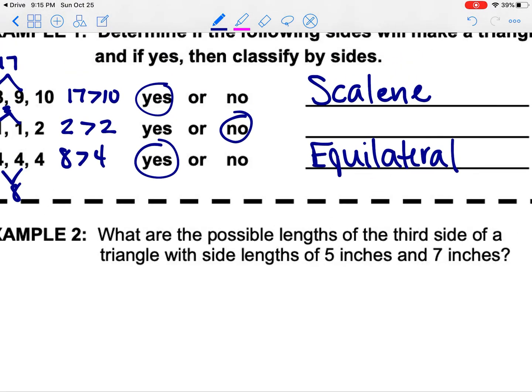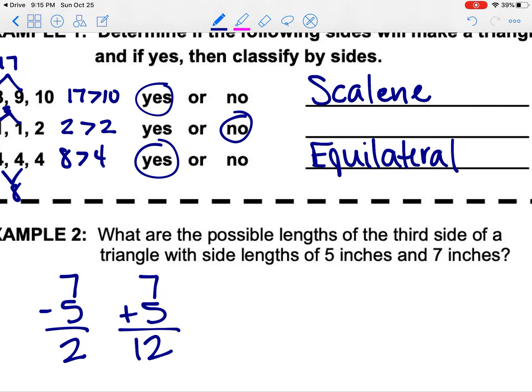So the way to make this the easiest is to take the two sides given and subtract them, and that gives us 2. Then take the 5 and 7 and add them, and that basically gives us our range. So we can say, okay, x has to be less than 12, but it has to be greater than 2.